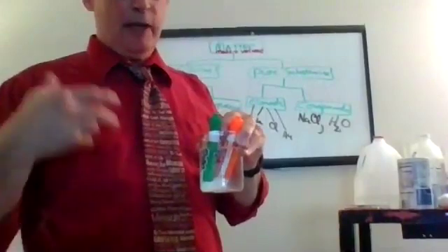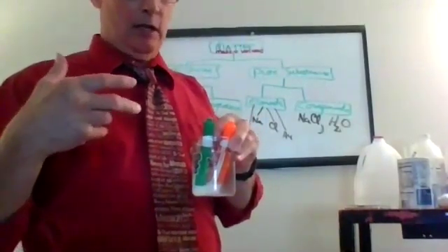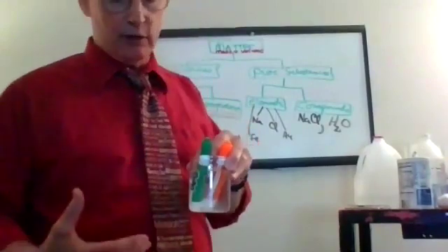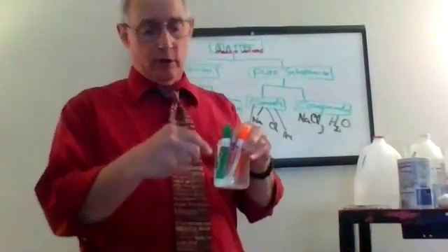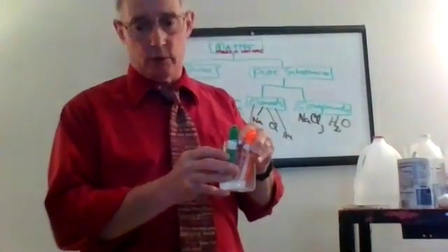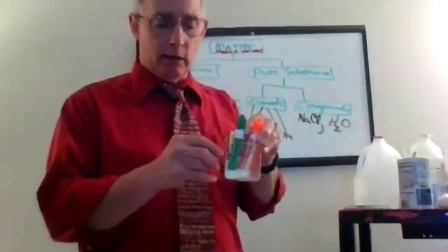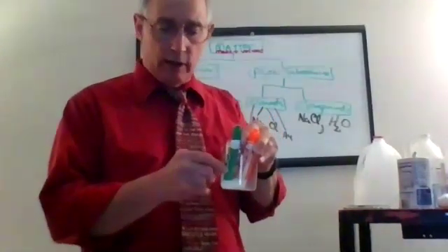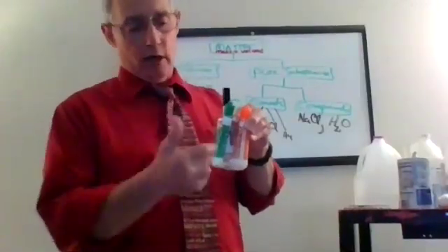So with heterogeneous mixtures, it can be various composition. You can have 2 marking pens and 3 grams of salt in 100 milliliters of water. Or you could have less water and a little bit more salt and more marking pens, and it's still considered a mixture.